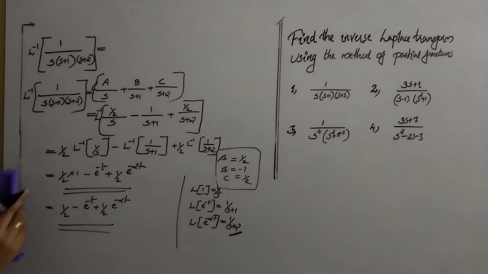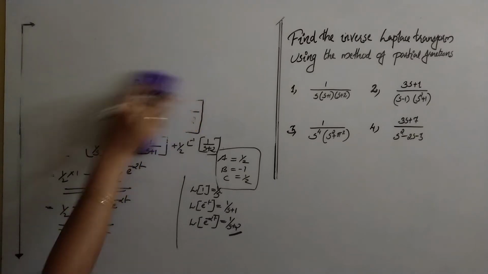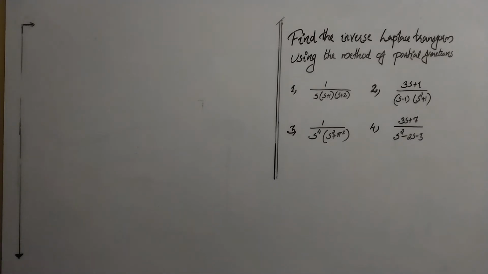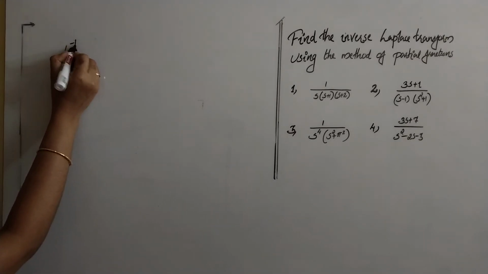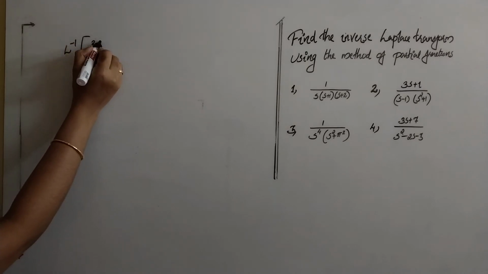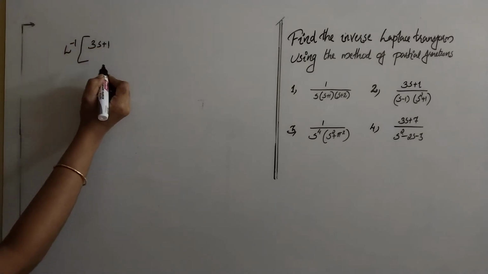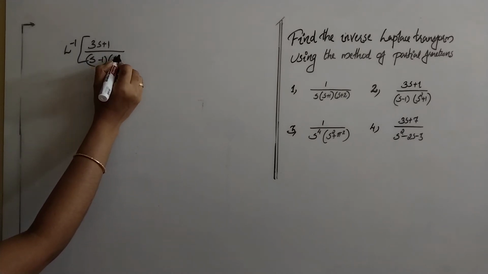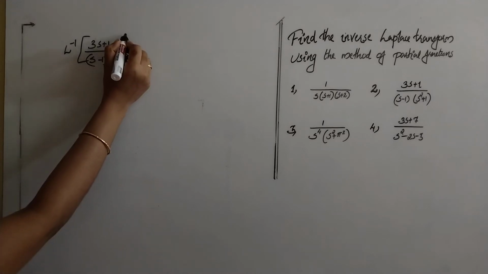Now the second problem is 3s plus 1 divided by s minus 1 into s square plus 1.